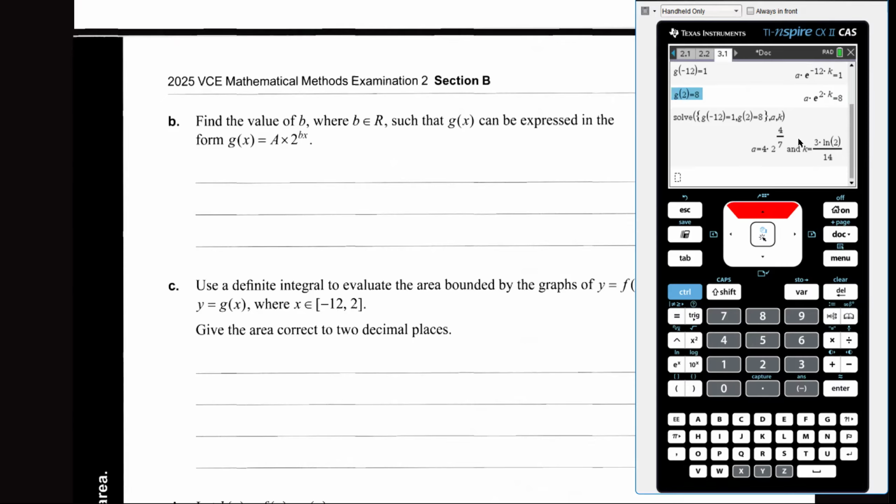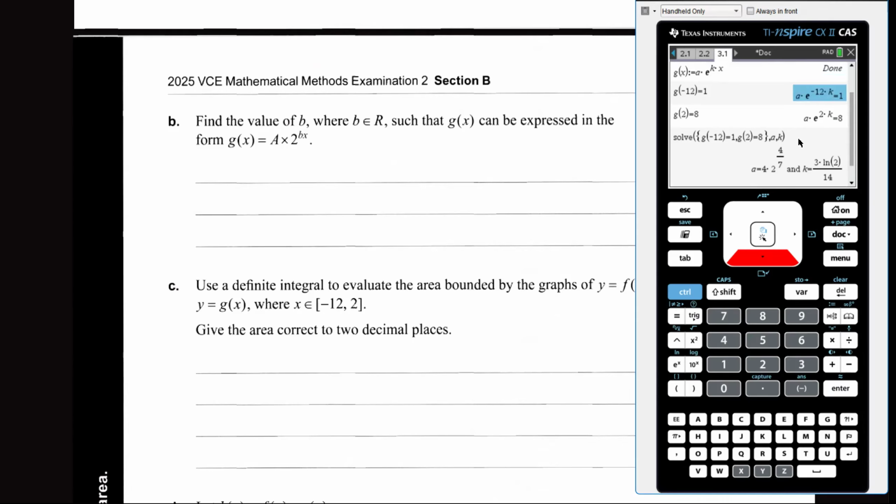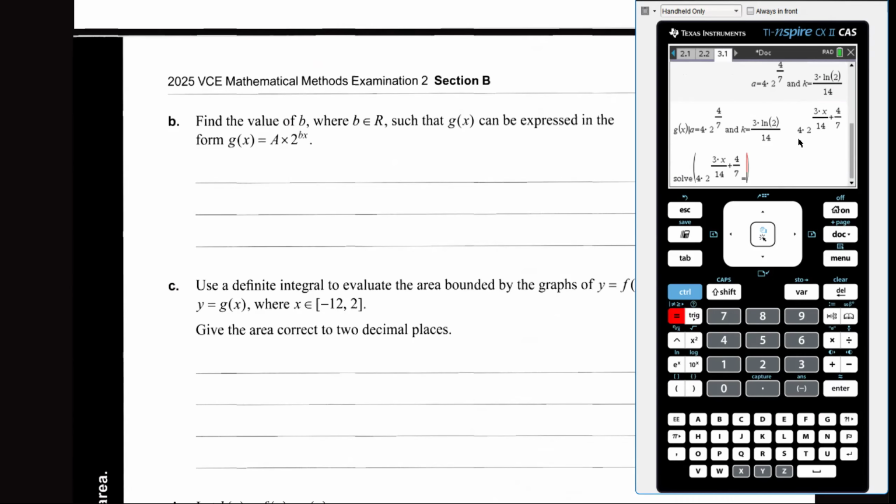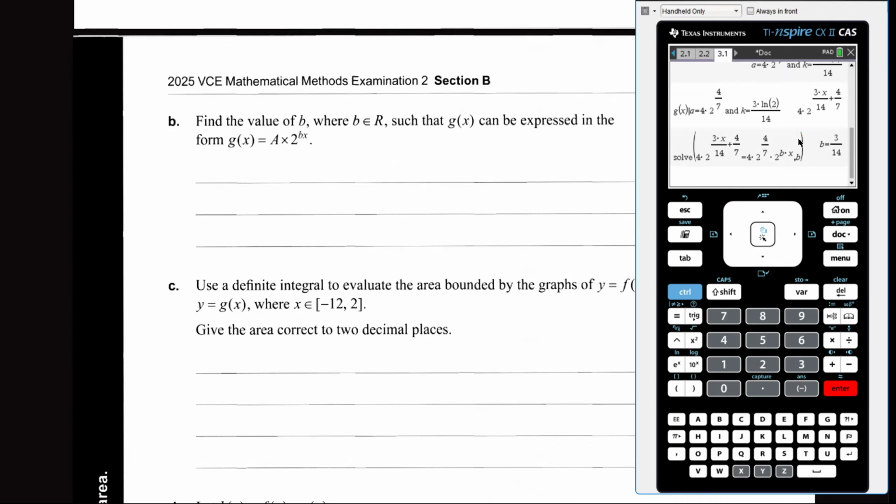What I'll do next is something like that, and then that equals what is my a value times 2 to the power of b times x comma b. Yep, that's how I get it.